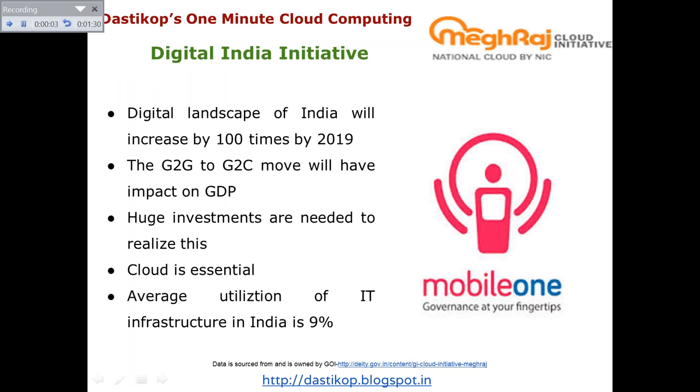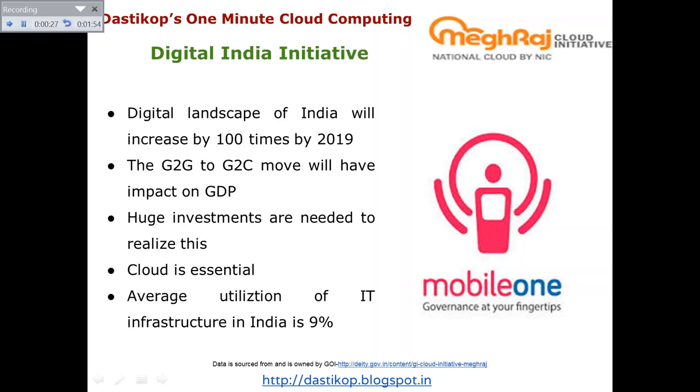We all know that there is one reality nobody can escape today in India, that is the Digital India initiative. No matter where you are, Digital India is going to affect you. Digital India is an Indian dream where the landscape will change a hundred times by 2019. The whole idea of Digital India is to connect every citizen to the government and its services through a digital platform.